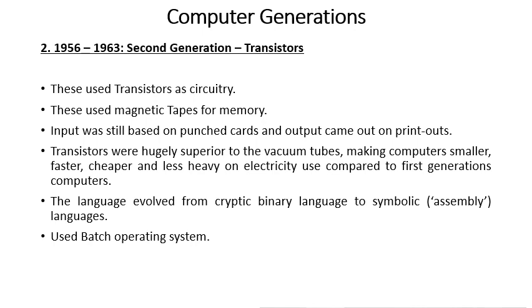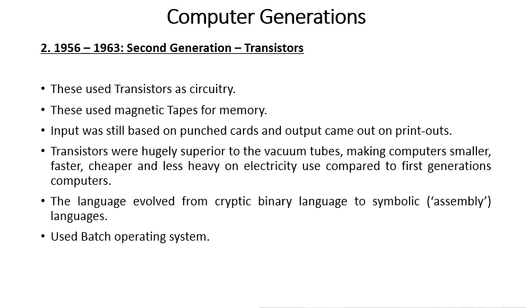So they use batch operating system. Batch operating means, as we can see in first generation, they were able to perform a single task at the same time. Here we are having the batch operating system. So programs were executed in the form of batches. For example, in a whole day, programmer will collect the programs from different users who want some kind of outputs.